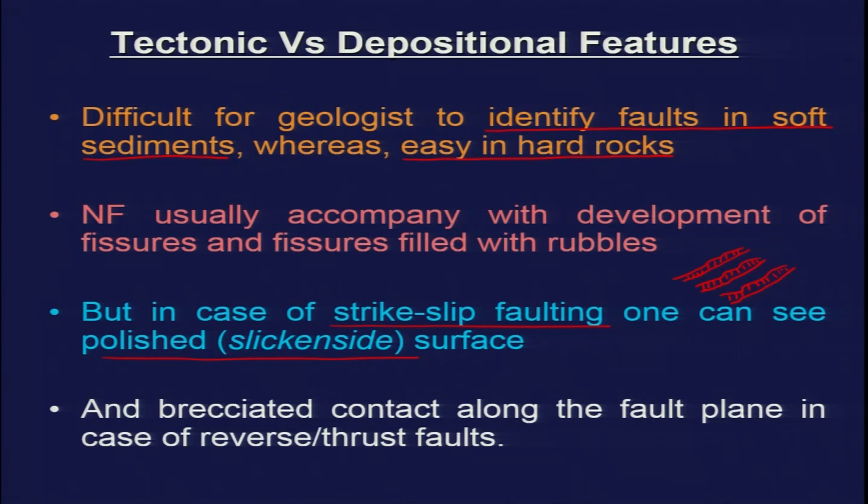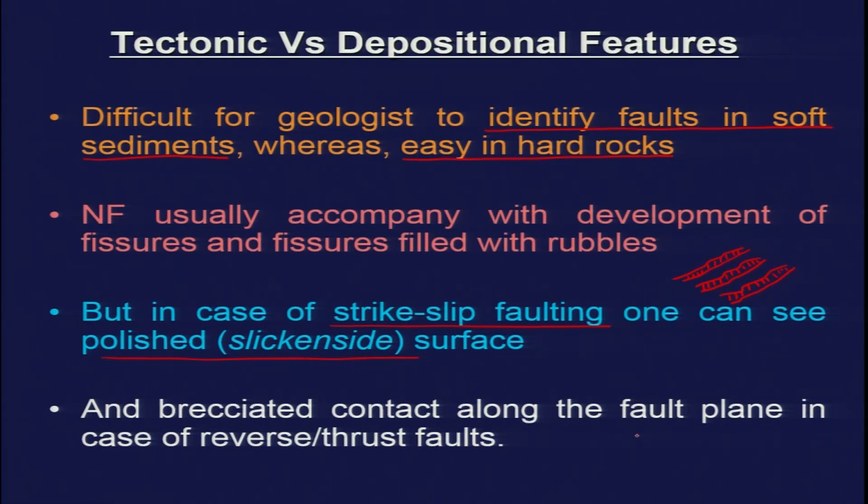Okay. And in case of the reverse fault or the thrust fault, if you are having hard rocks, then you will see the brecciated contact along the fault plane. But in case of soft material, one of the slides, if you recall, I was trying to explain the orientation of the pebbles.